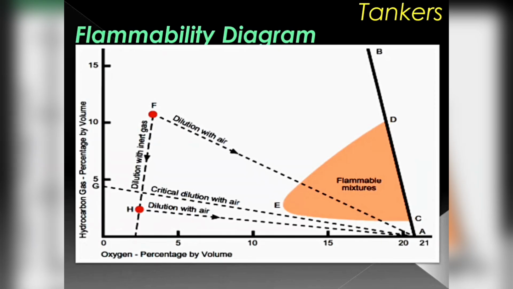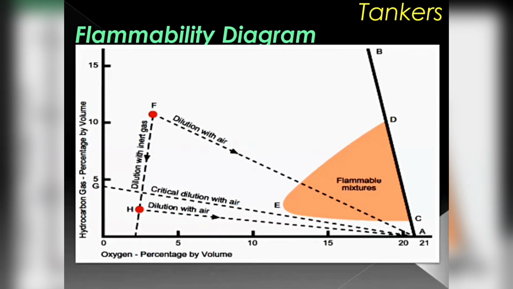It's totally broken. We reach an atmosphere like point F, where the oxygen percentage is almost 3 to 4%. We keep putting in inert gas till we reach point F, which is an absolutely safe atmosphere as far as fire is concerned. So the fire hazard has been taken care of.